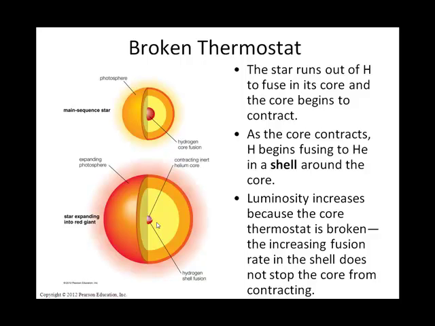But that shell hydrogen fusion is not enough to stop the force of gravity pounding in on the core of that star. Again, the center is contracting, but the outside is expanding.